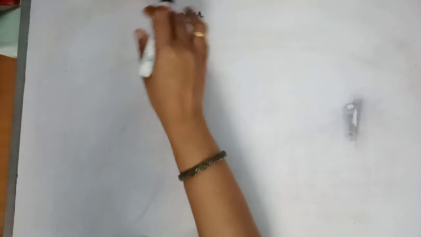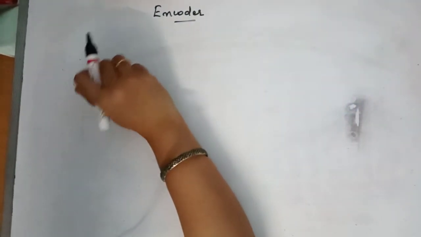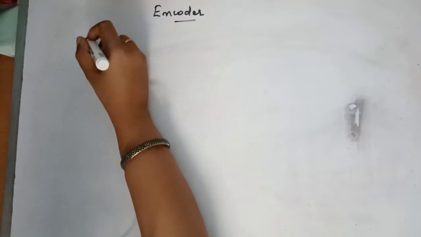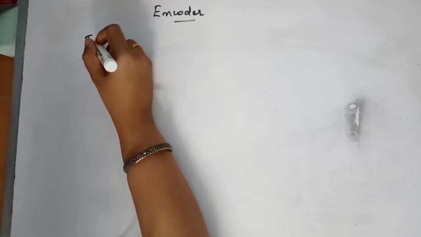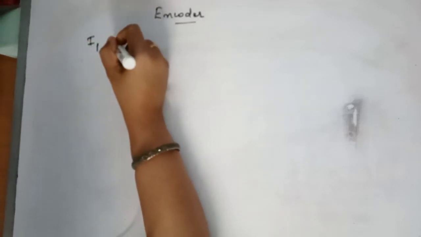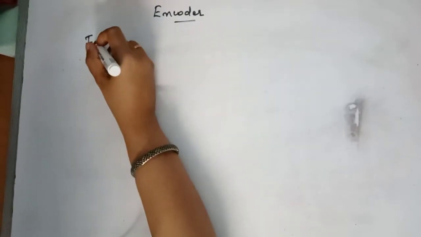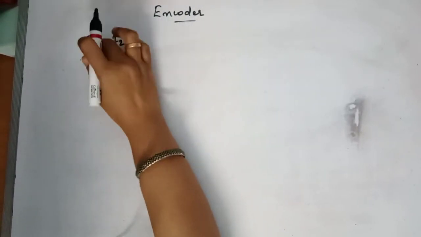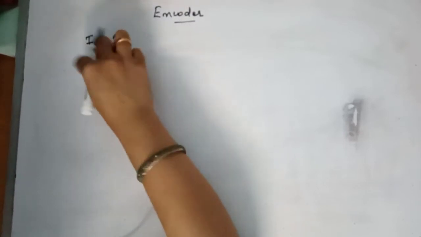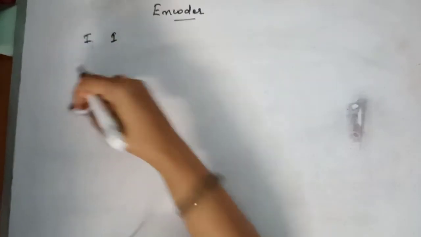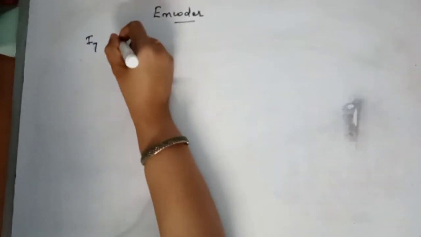Suppose we take the same example, that is 8 line to 3 line encoder. So you have 8 input lines. So we'll just write the truth table. The inputs are I7, I6, I5, I4, I3, I2, I1 and I0.